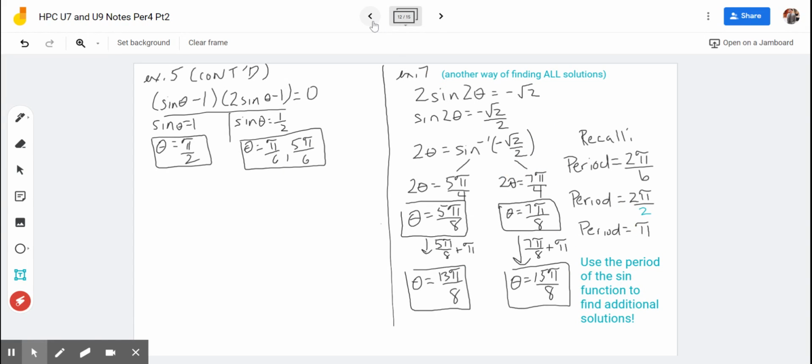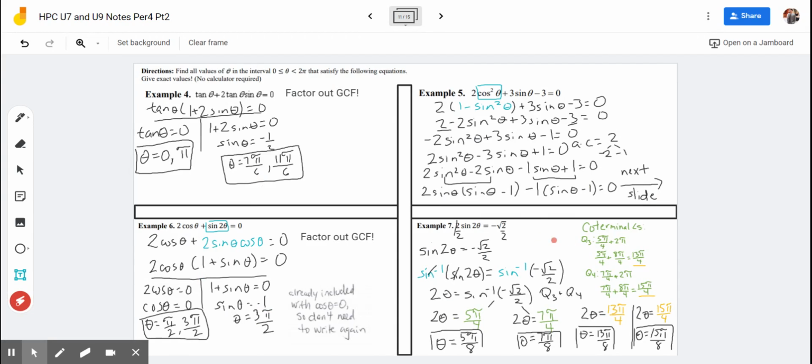Either way will work, right? And I'll just make a note that there's an additional way on the next slide. All right, so these are 4 non-calculator problems that we can solve with quadratic trig equations and equations with multiple functions.